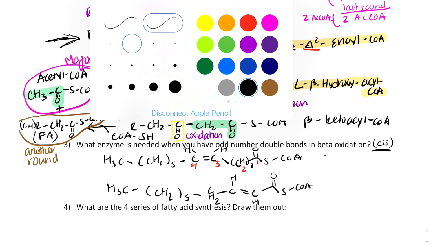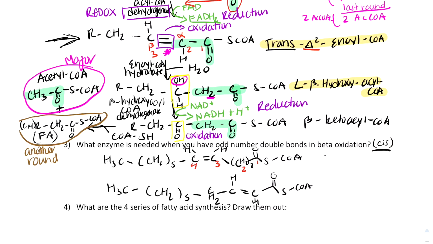So when you have a structure like this, in which, these are not numbered correctly, but in which we have 7 carbons, and these carbons right here, let's just assume that they're saturated. So this entire fatty acid can go through beta oxidation.